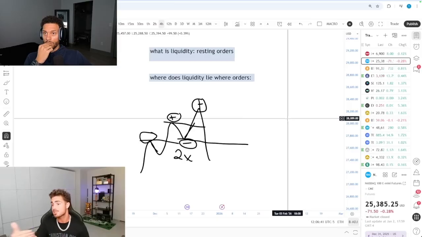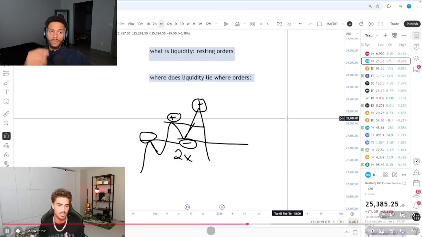They need 1,000 people. We'll simplify this. Let's say they want to take a 1,000 contract trade. In order for them to be filled on those 1,000 contracts, there needs to be 1,000 contracts that are willing to either buy or sell, depending on what direction they want to move the market.